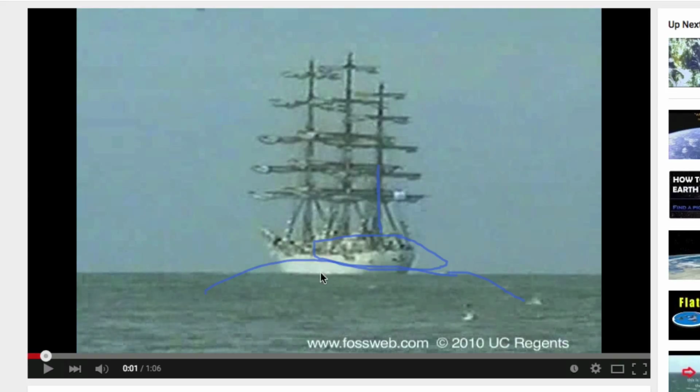But if that's the curvature of the Earth and it's starting to go over the curvature, the mass of the ship is still going to be perpendicular, but if we're still over here, it's actually going to be leaning forward. It's not going to be straight up.